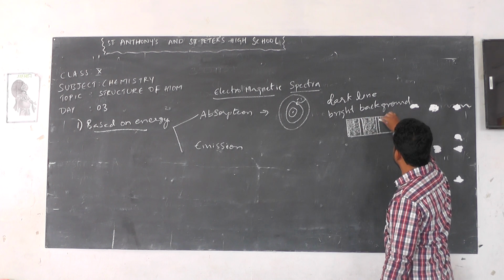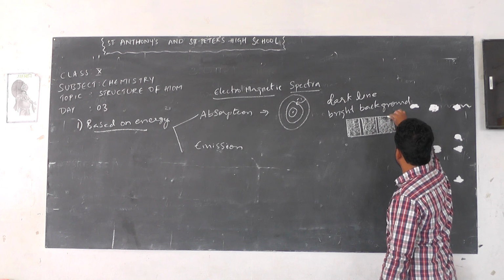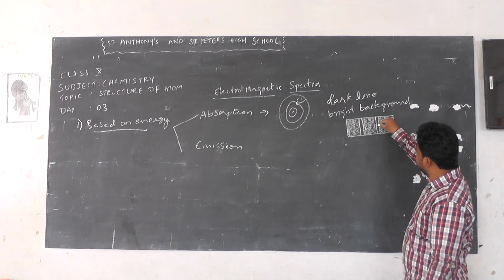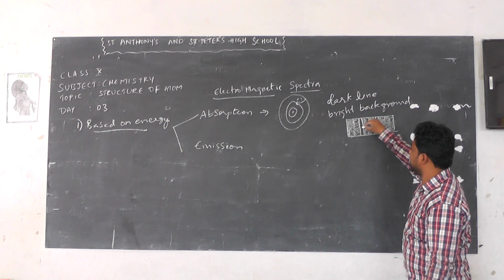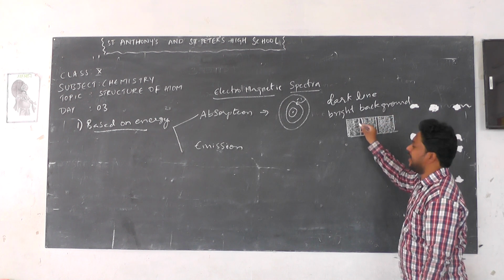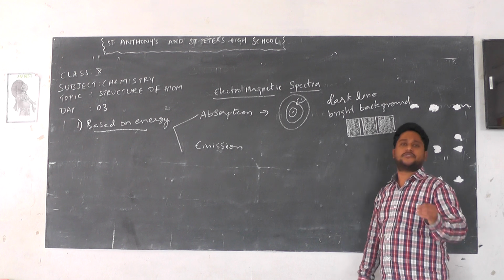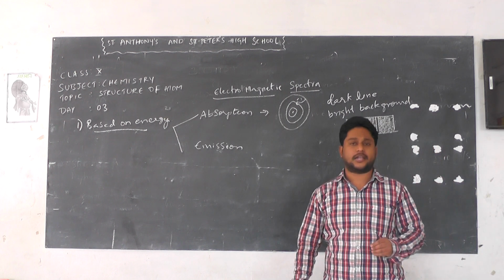Dark lines with the bright background. These are the dark lines which have a bright background. So this is observed during absorption spectra.